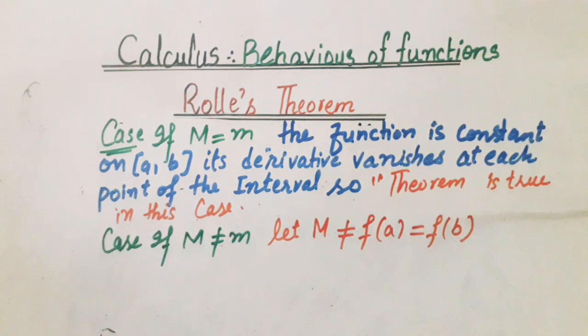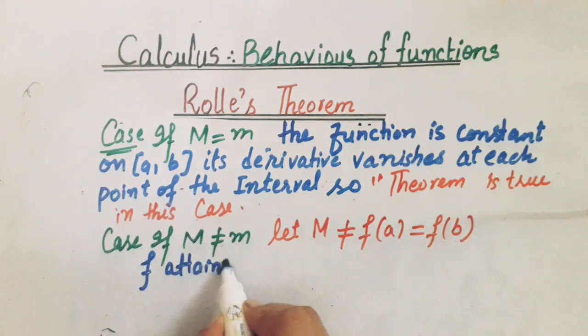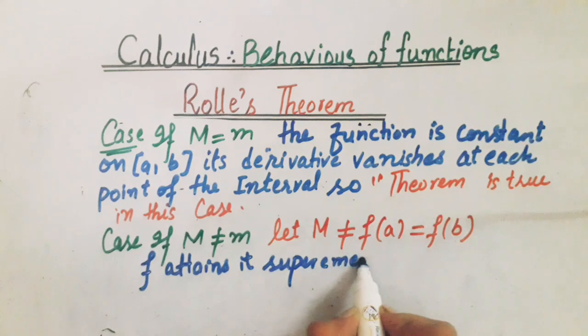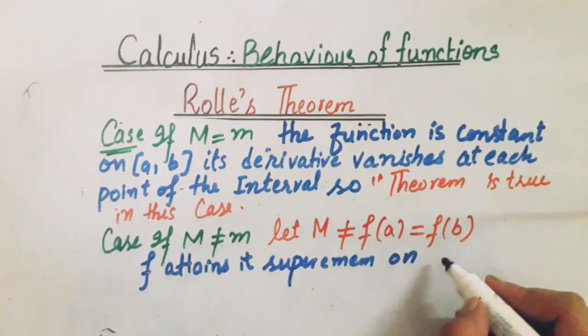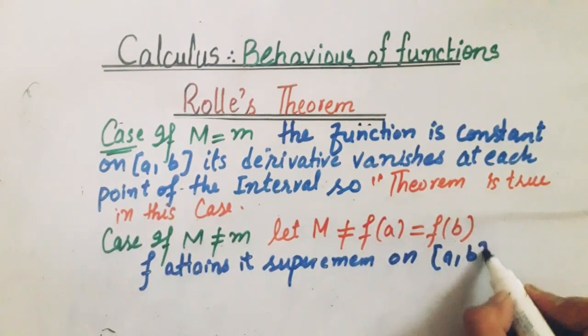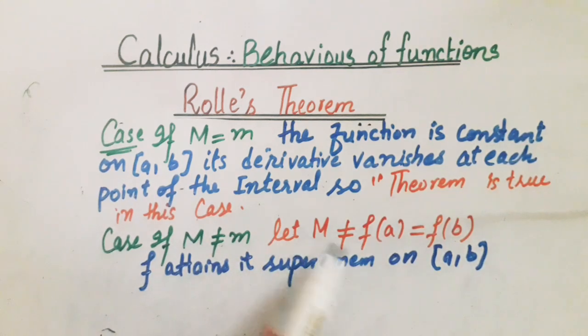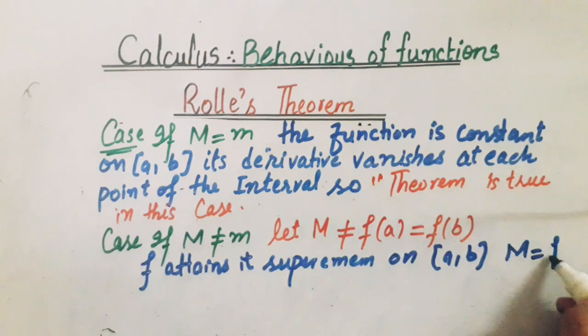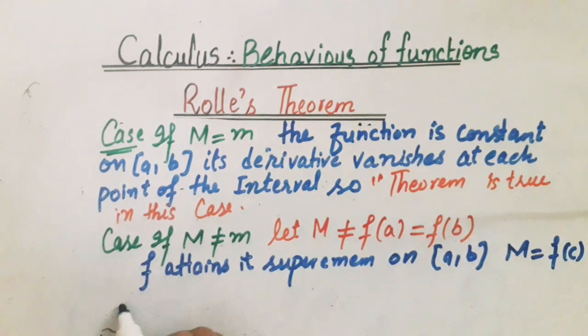So it means f attains its supremum on [a, b], because we considered that capital M is the supremum, but M is not equal to f of a and f of b. So it means that capital M equals f of c, and the condition for c is c belongs to the closed interval [a, b].